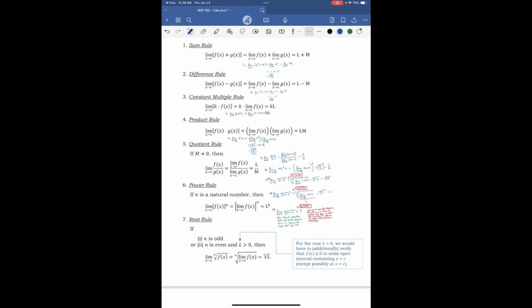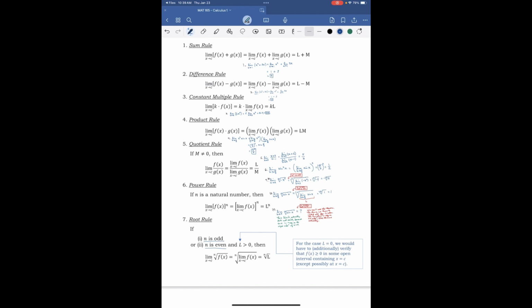So if n is odd, if our root is odd, then we have no problem, because we can take an odd root of a negative number. But when we really have to be careful is if n is even.